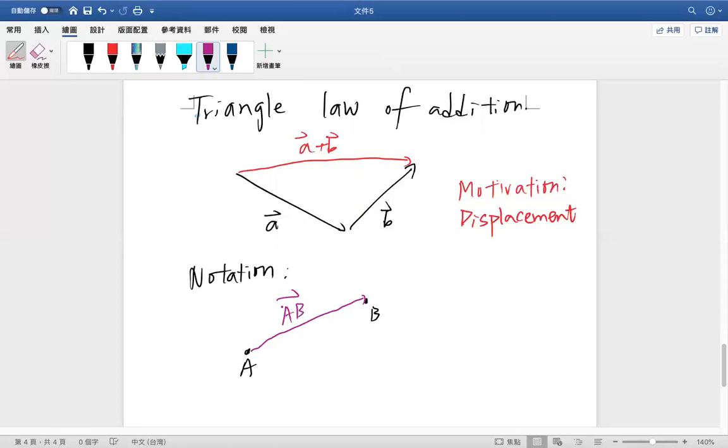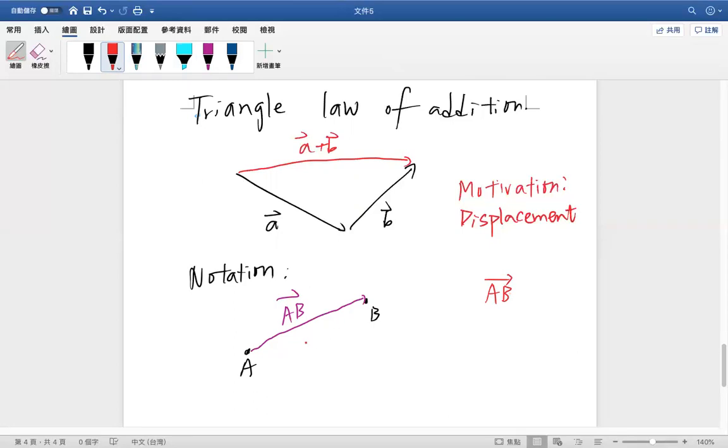And if you write it by hand, you need to add an arrow above. Now some people, this is my habit, I tend to write the arrow sign like this, but some people write it like this. This is just the same thing. It depends on your habit.